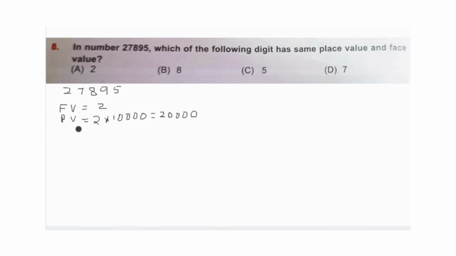Now let's go to the next number. The next digit here is 7. The face value of the number is 7, and it's in the ones, tens, 100, thousands place. So the place value of this number is going to be 7 times 1000, which is going to be 7,000.